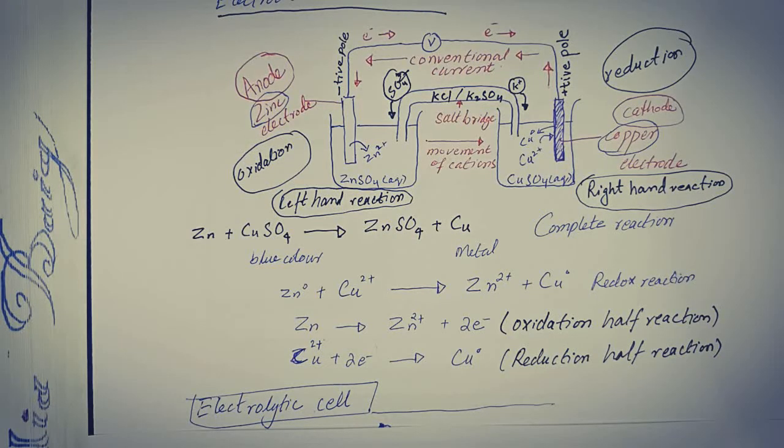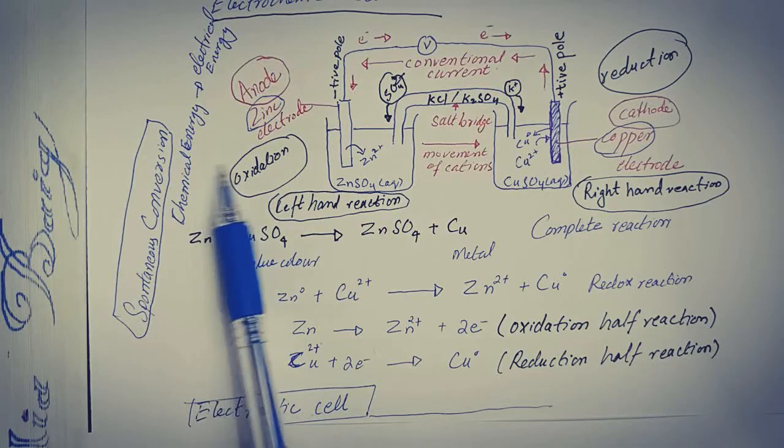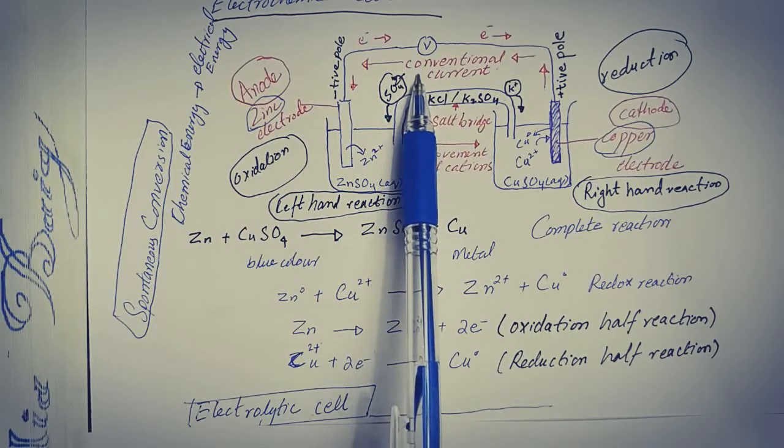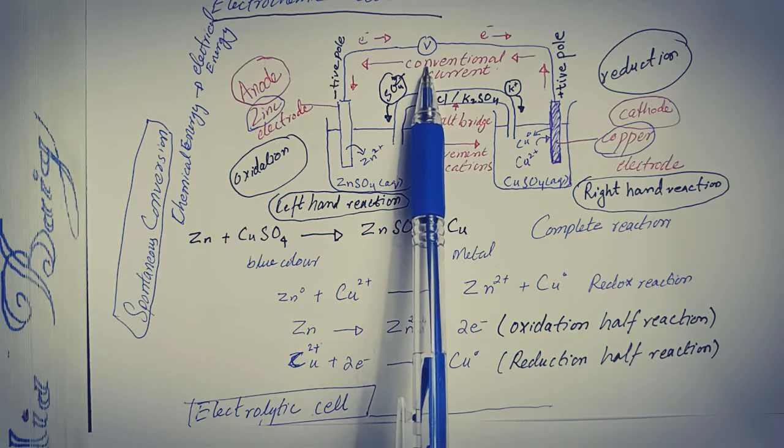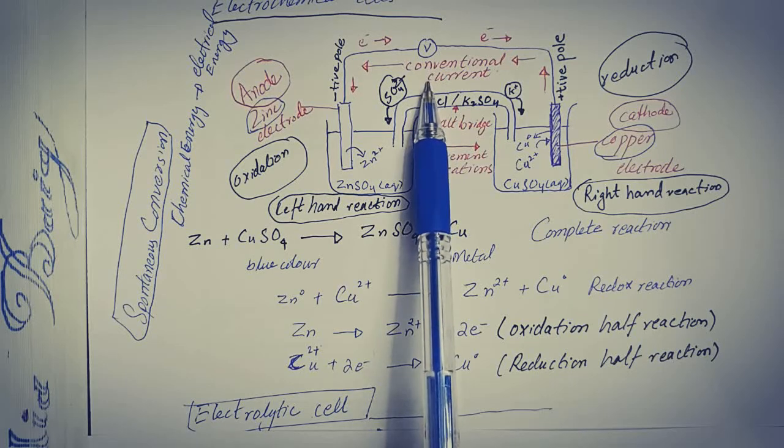The previous cell which was known as electrochemical cell was actually the galvanic cell, in which the conversion of chemical energy into electrical energy was spontaneous. So in the previous cells we have observed the spontaneous conversion of chemical energy to electrical energy, and we have a voltmeter which was used for measuring the current generated in terms of volts.